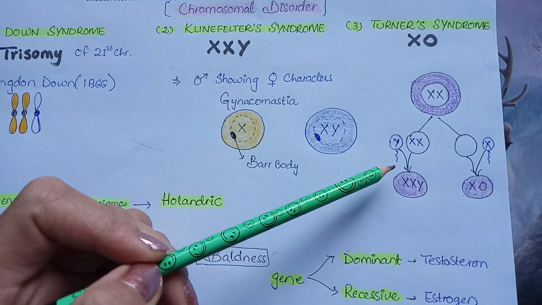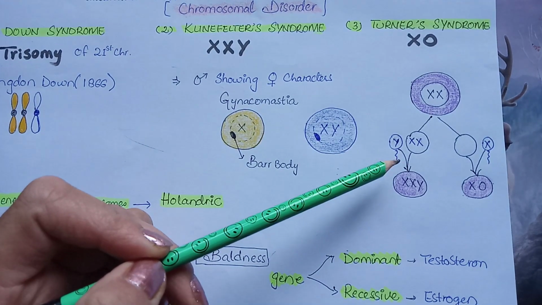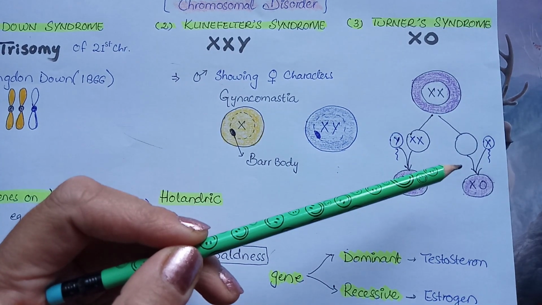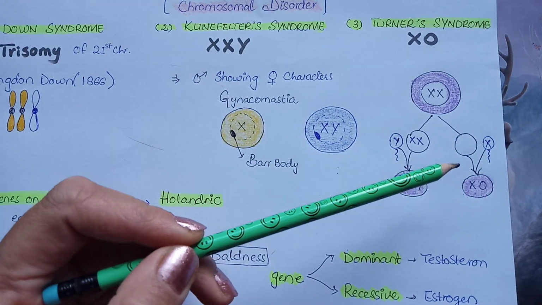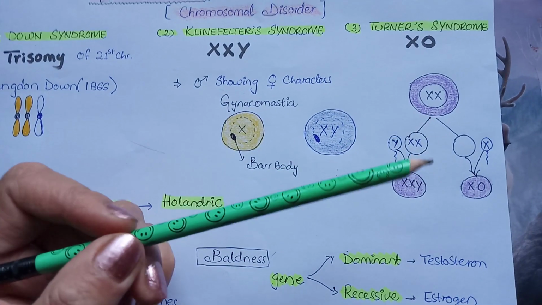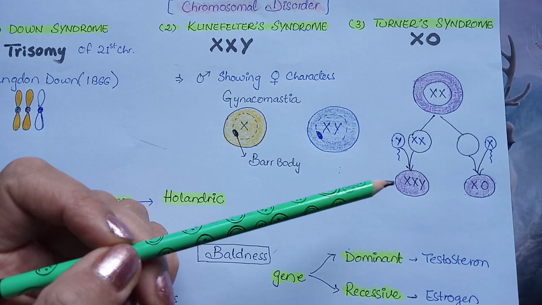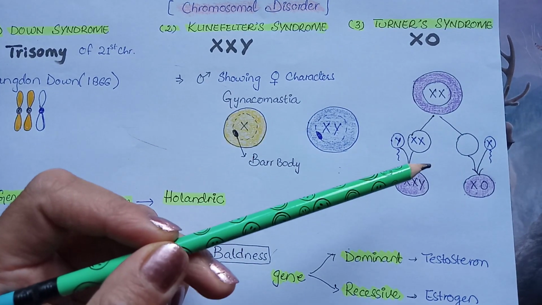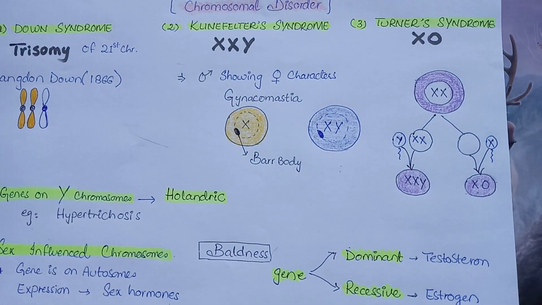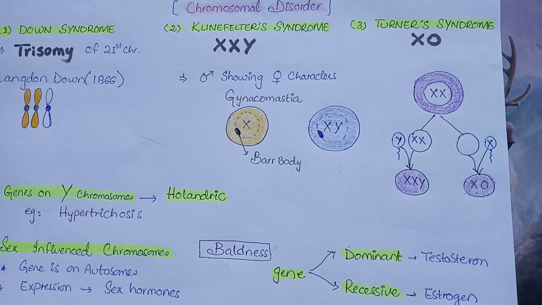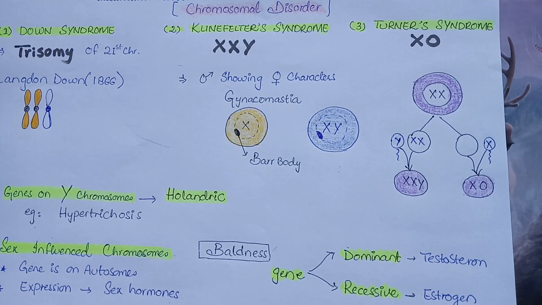Now in this case we would not see a bar body. Out of two X chromosomes, or whatever number of chromosomes, one X chromosome always remains functional, and the other X chromosome changes into a bar body. In this individual there is only one X chromosome, and obviously it will remain functional.